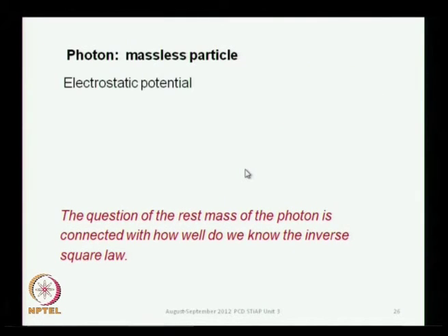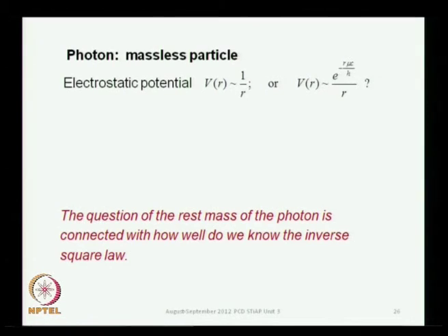Now, it turns out that the question of whether the photon is a massless particle or not is intimately linked to how well we know the Coulomb's law, the inverse square law. These two are the same questions.